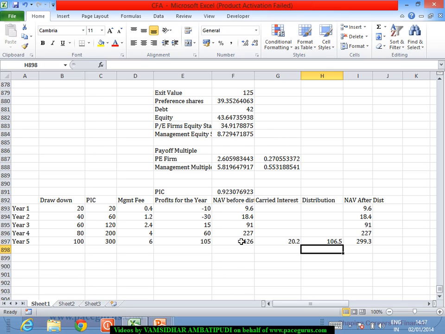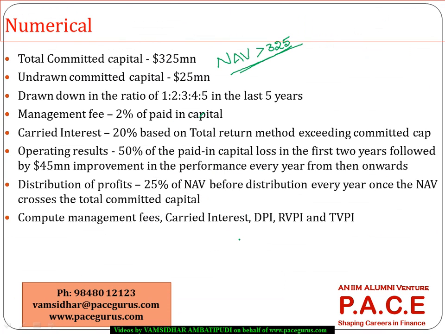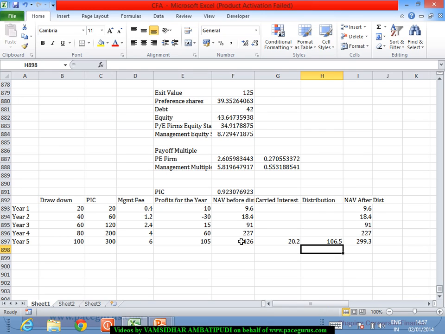This is how we are able to prepare a sheet containing the performance of the PE fund, and based on it how the results are evaluated. On these lines I can say that finally the NAV after the distribution ends up at 299.3 million, and similarly I can find out for each of the years what the NAV before is.